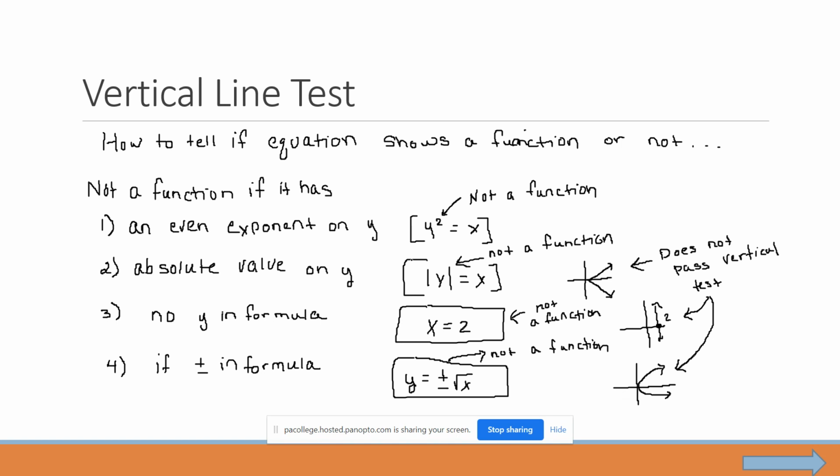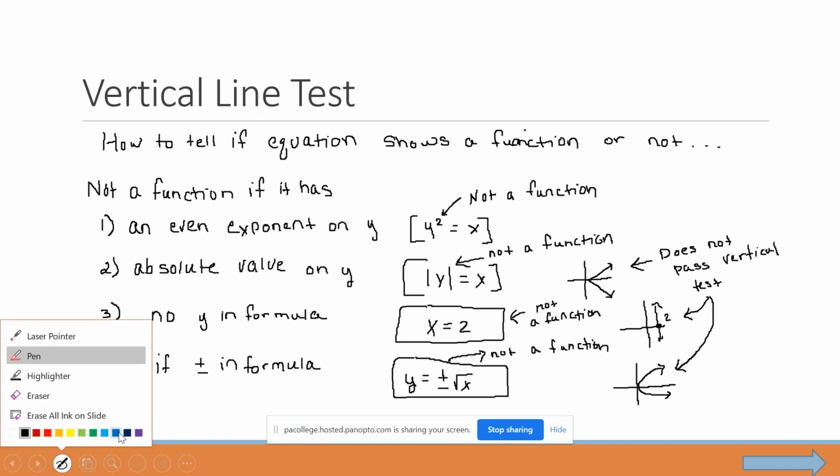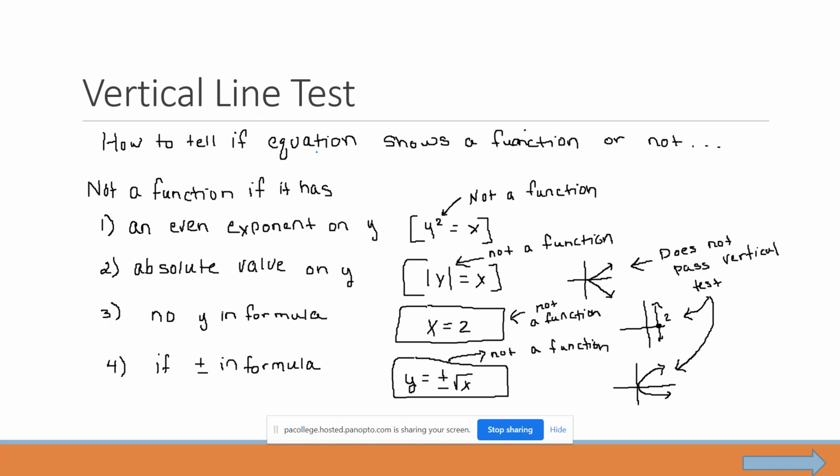Now, in functions, let me switch pen colors if I can. We'll go with blue. In a function, the y can be replaced with f of x, that function notation.